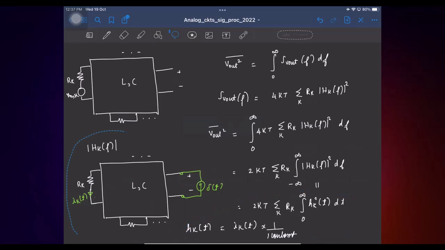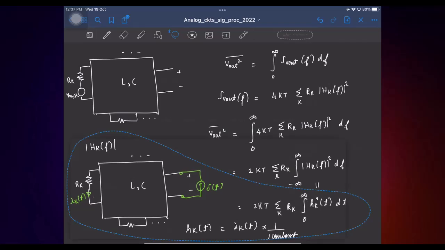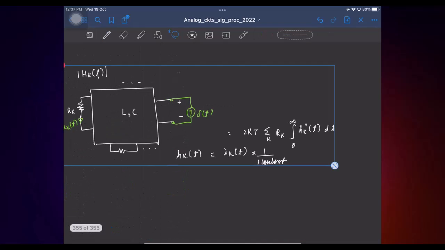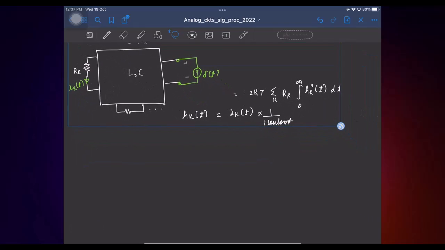I'll take this also. So Vout square is basically the integral of I_k squared of t dt times 1 coulomb squared. Okay.